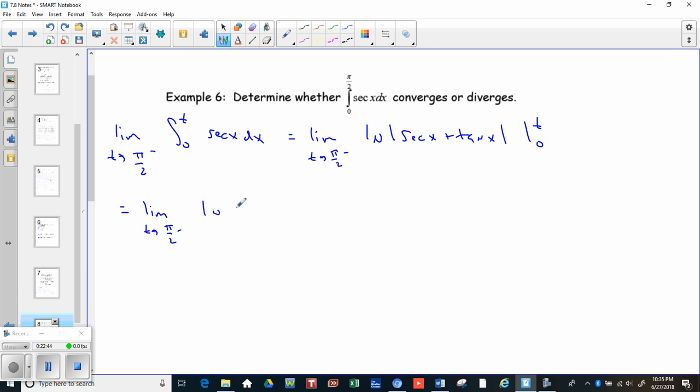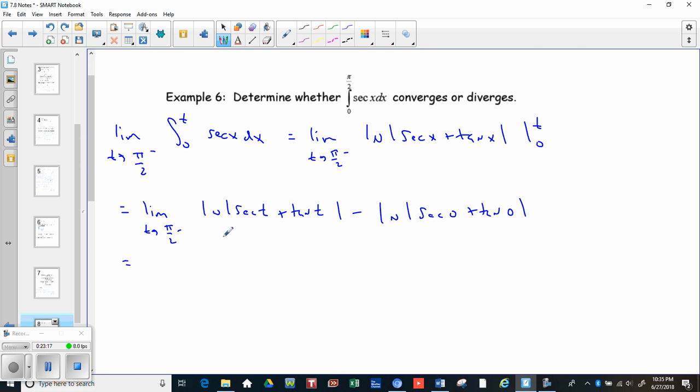Plugging in t, we get natural log absolute value of secant t plus tangent t minus natural log absolute value of secant of 0 plus tangent of 0. Okay, this one we can evaluate. Tangent of 0 is 0, secant of 0 is 1. So what we get here is the natural log of 1, which is 0. So this whole piece goes away.